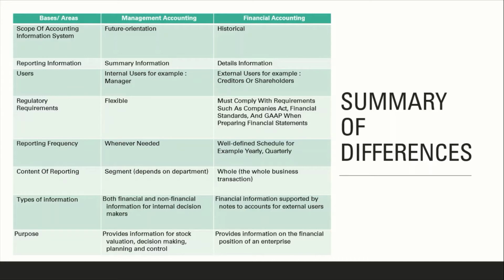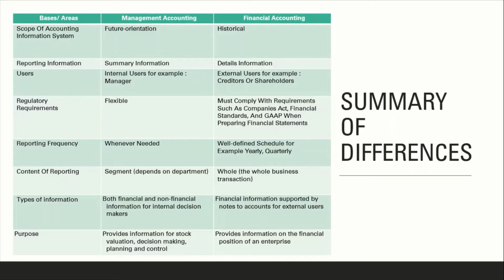Management accounting is future oriented. So the information that is made within management accounting is used for future plans. It is for future strategy, future decision making, and they are budgeted. The information made is only budgeted or estimated information.